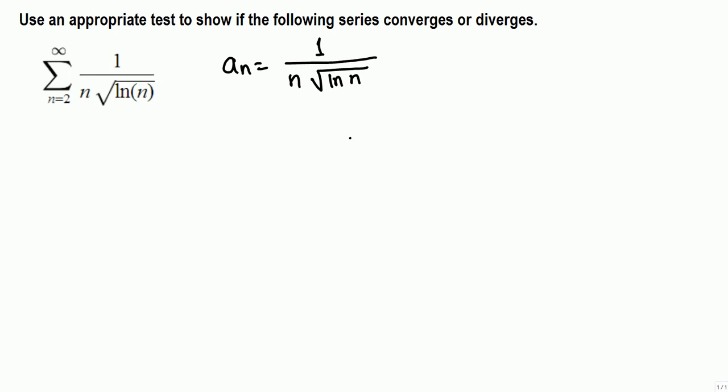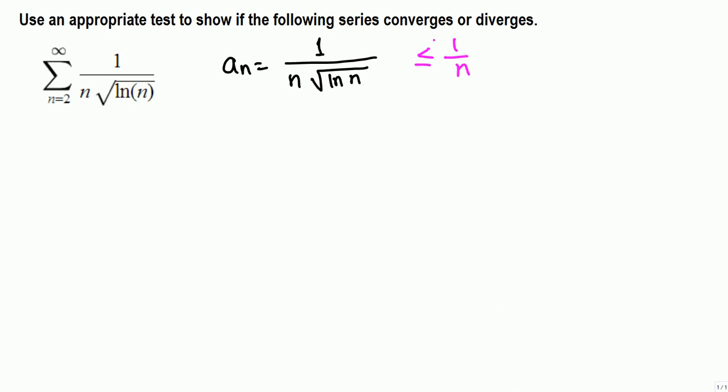If we want to compare with 1 over n, let's try. For big n, the square root of natural log of n will be bigger than 1. If this is bigger than 1, then bigger than 1 times n is bigger than n. So 1 over n times this will be smaller than 1 over n for n very large.